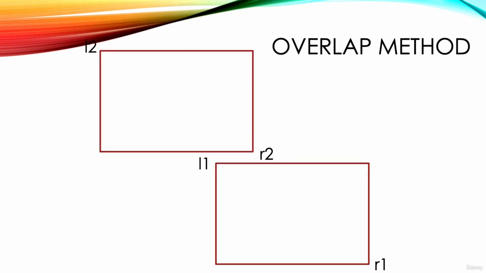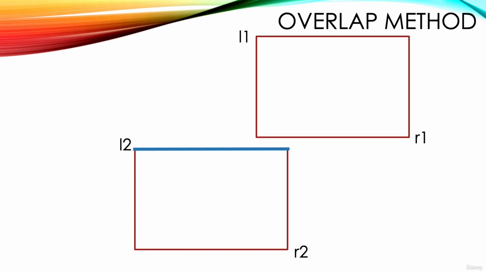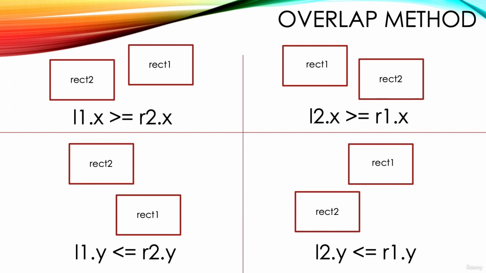Next we test vertically. For this we test if the top edge of rect1 is below the bottom edge of rect2, or the top edge of rect2 is below the bottom edge of rect1. If either of these are true, then there can't be an overlap. For an overlap to occur, all of these four conditions must be false. If that's the case, then we can return true.